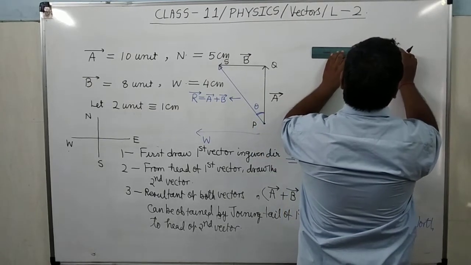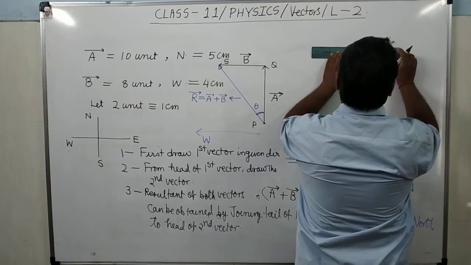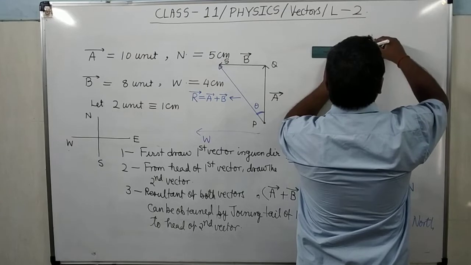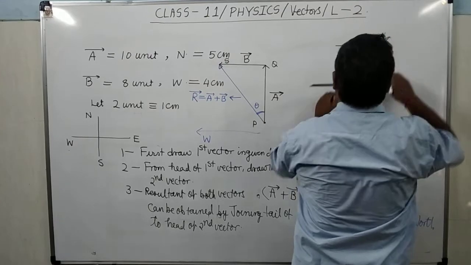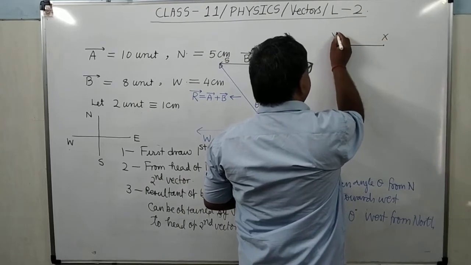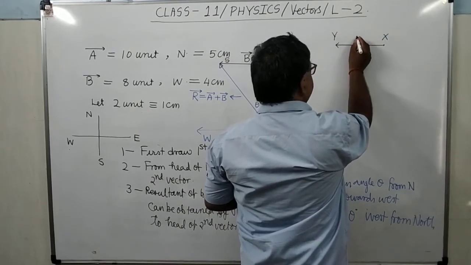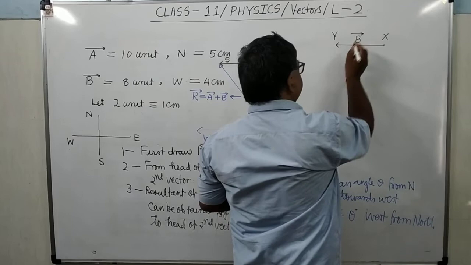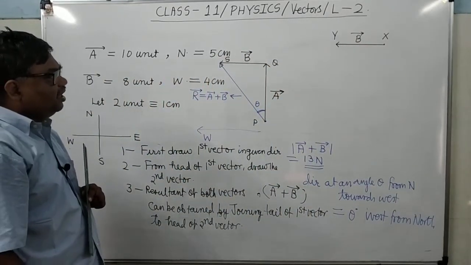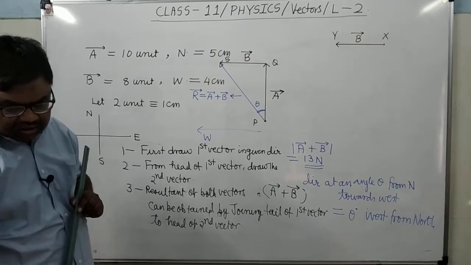So it will be vector B. You can take this as XY. Vector XY is representing vector B in magnitude as well as in direction.